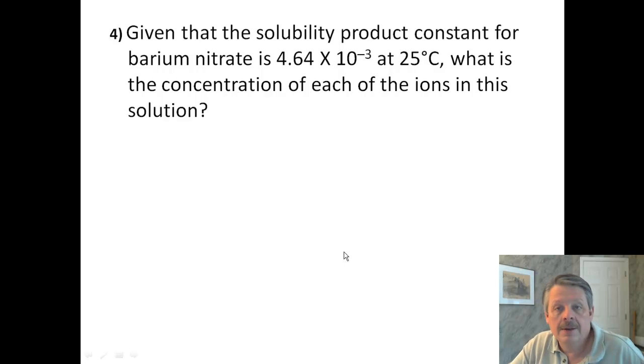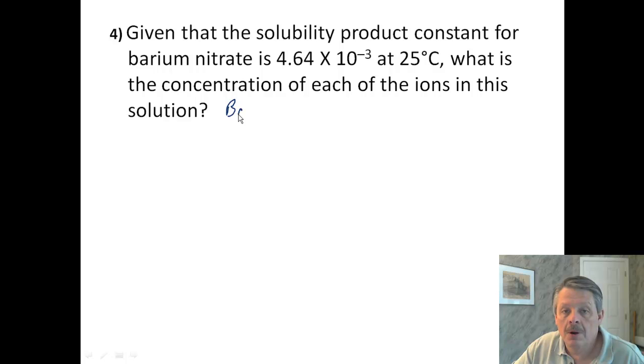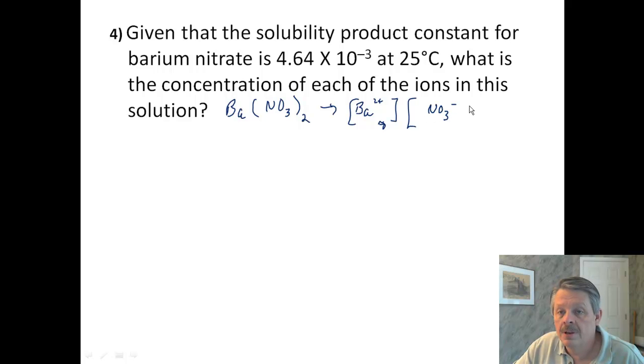Okay, given the solubility product constant for barium nitrate, let's do this again. Barium nitrate. Ooh, this is going to be tricky. Barium nitrate becomes the concentration of Ba2+, which is aqueous, times the concentration of NO3 1-, and that's 2 of them.